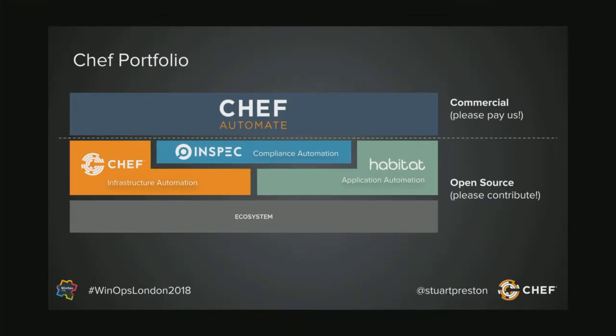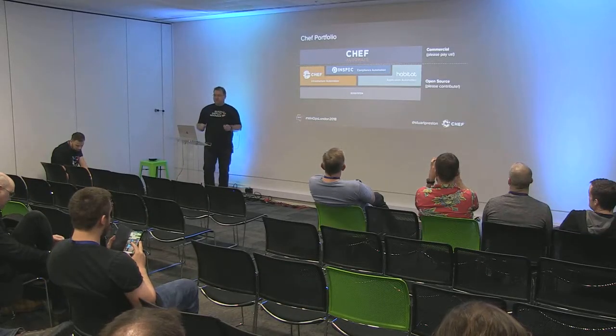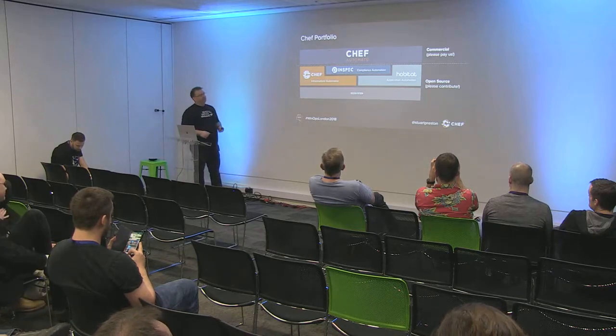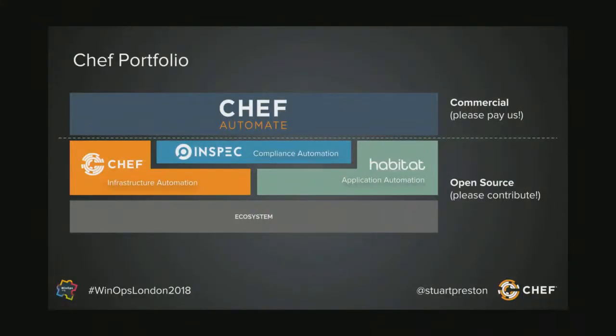Okay, so who here is using Chef in their environments today? Okay, we've got a handful of people, excellent. So to those people, this view of the world is probably familiar because you probably get given the emails about it very frequently. This is our portfolio of products.